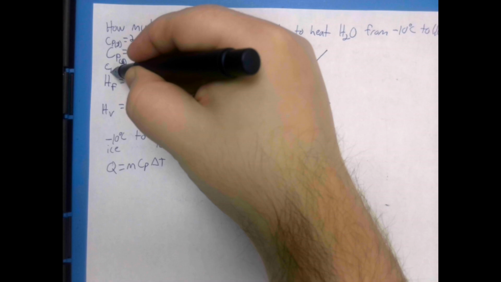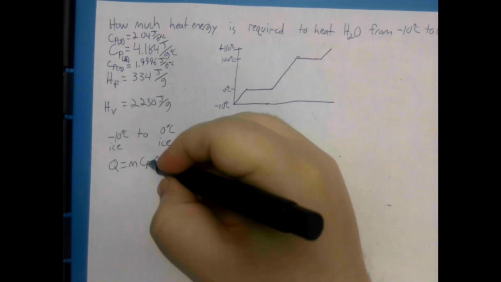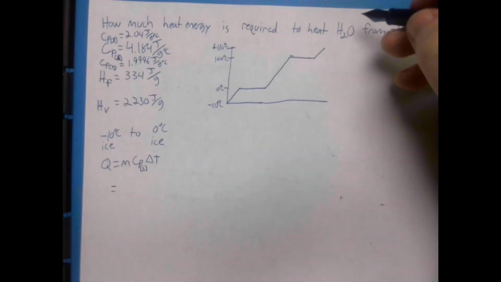So we're in the solid phase. When it's less than 0 degrees, it's a solid, so we have to use the specific heat value for when it's a solid. I'll even put the S right here. So the heat would be the mass, and how much heat energy is required to heat, let's do 500 grams. Basically, we're starting out with a frozen bottle of water.